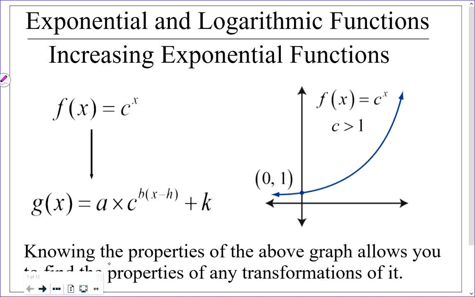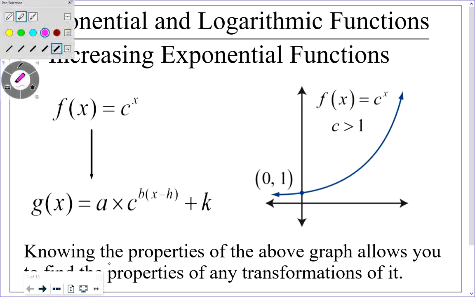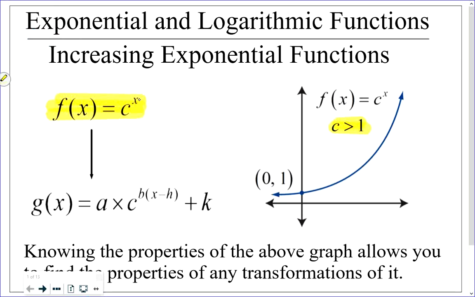So this is a review of exponential and logarithmic functions. We started off by looking at basic exponential functions, and there were two basic exponential functions that we looked at. They were all of the form y equals some base to the x, but the first one that we looked at was where the base was greater than 1.